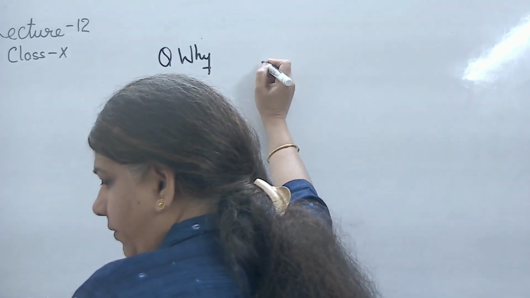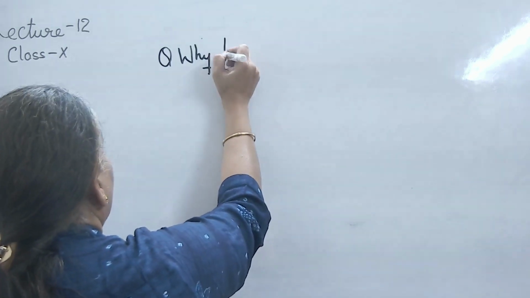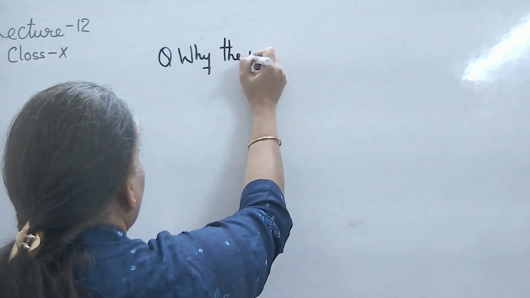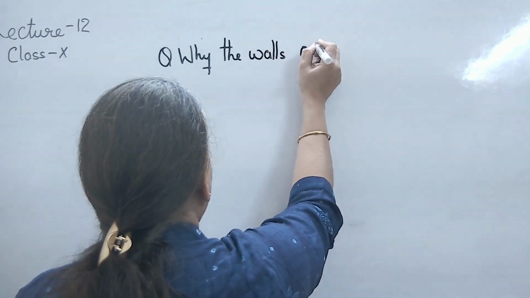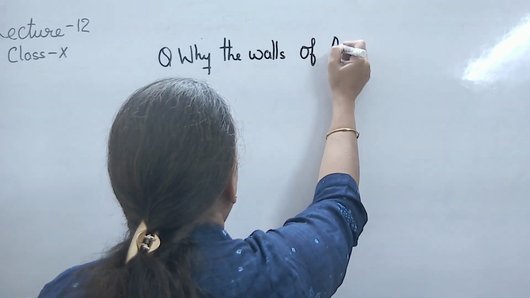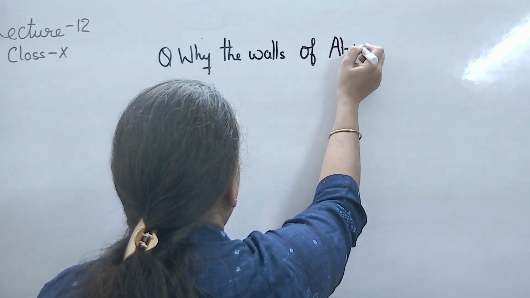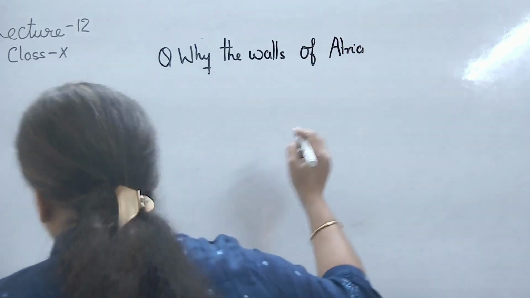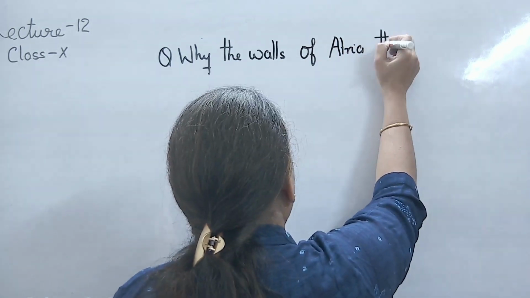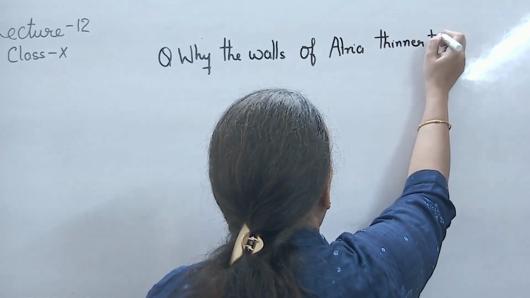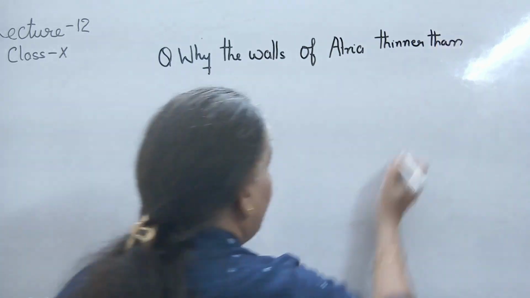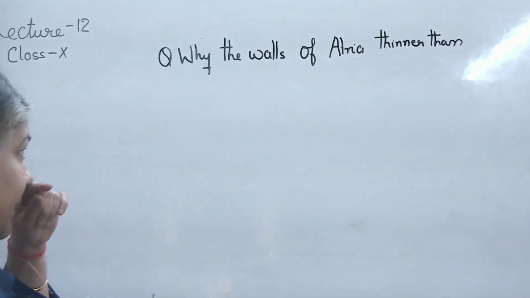Question is why the walls of atria are thinner than the walls of ventricle.